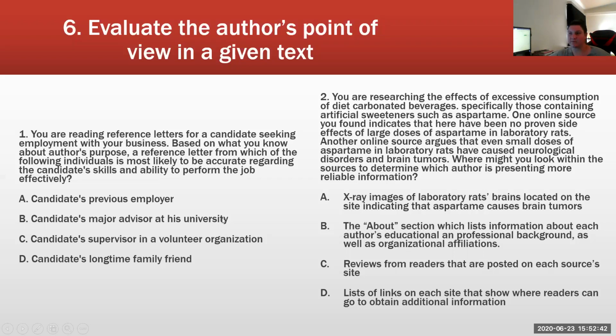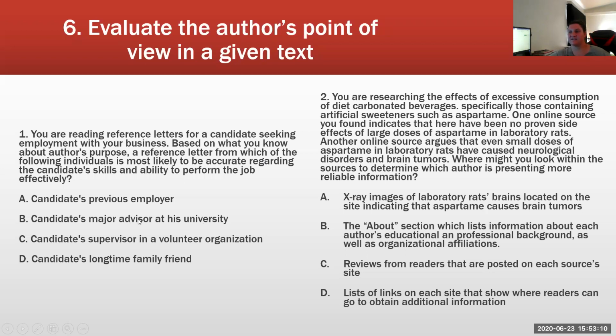Well, a longtime family friend has a bias. They're going to butter them up like a piece of toast. A supervisor in a volunteer organization may be able to describe the skills and abilities of the candidate, but not in the realm of employment. They can speak to their character within the volunteer organization, but not as an employee.